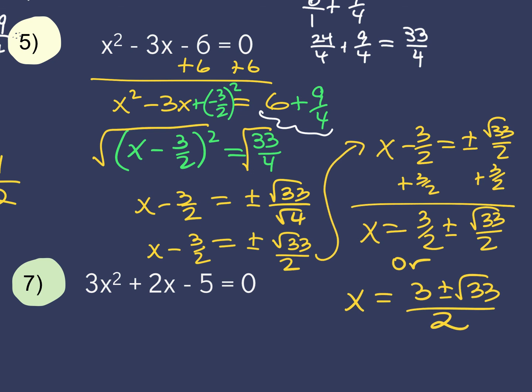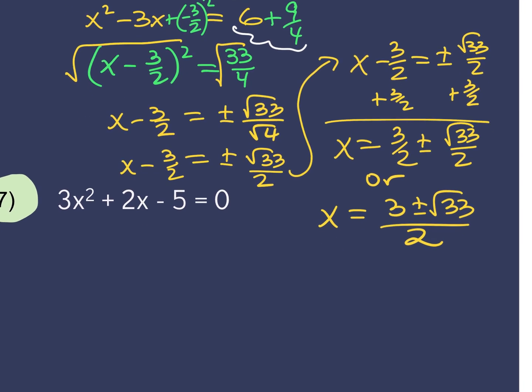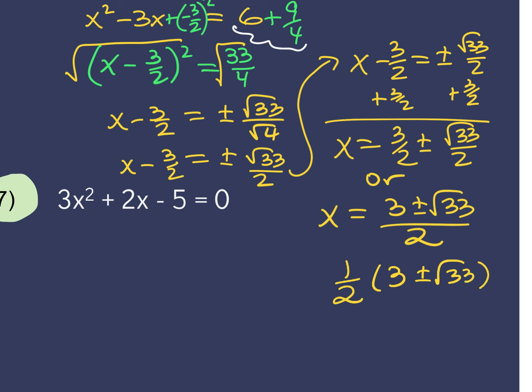But again, on WebAssign, it's going to ask you to pull it apart. What they might also do is write the answer like this, 1/2. And then what they'll put is 3 plus or minus radical 33. So it'll also be written this way.